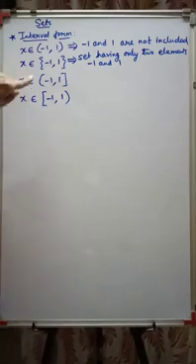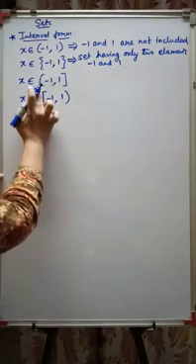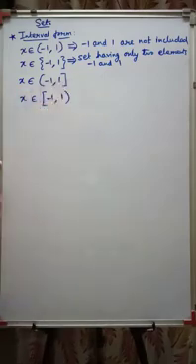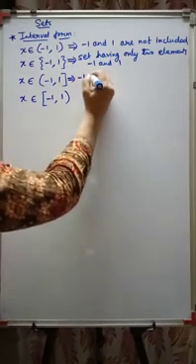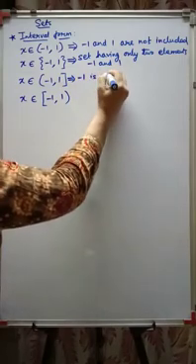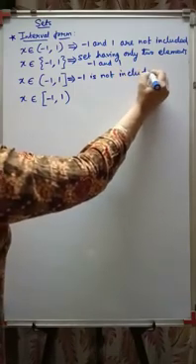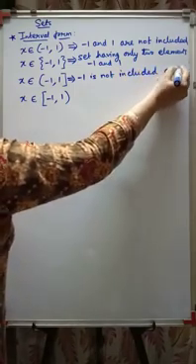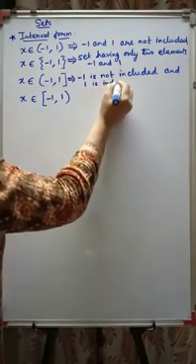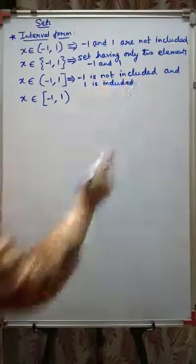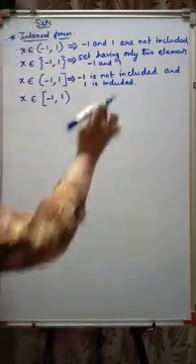X belongs to the open interval -1, closed interval 1. This is open, not included, and 1 included, which implies -1 is not included and 1 is included. I'll explain afterwards what included and not included mean.